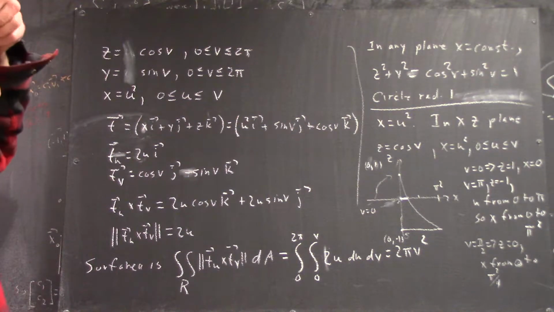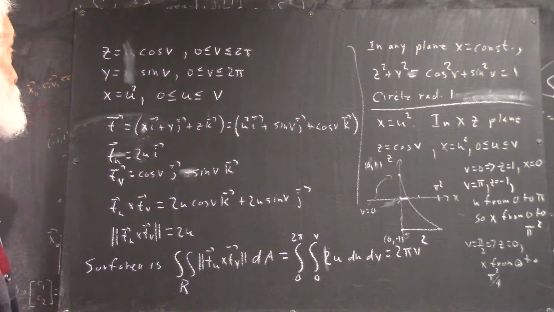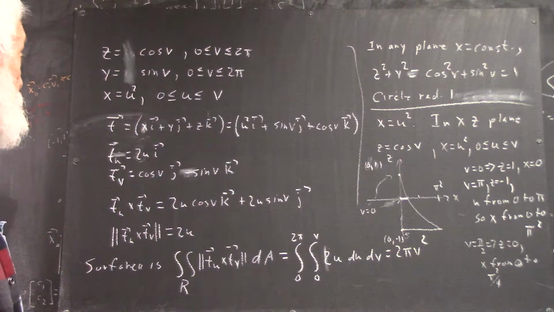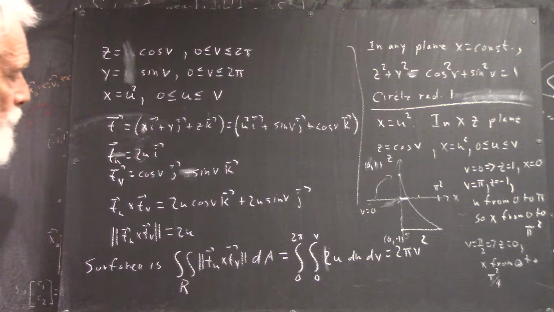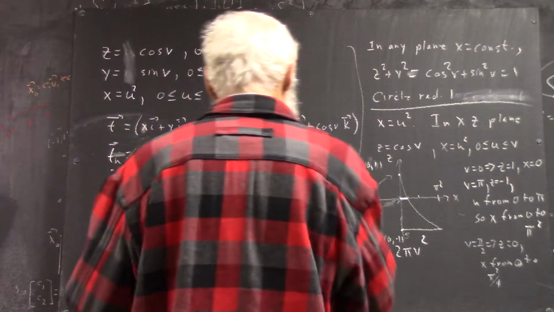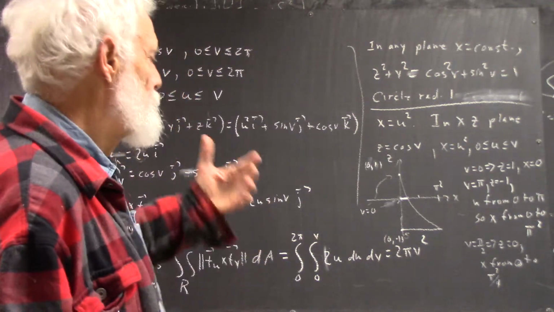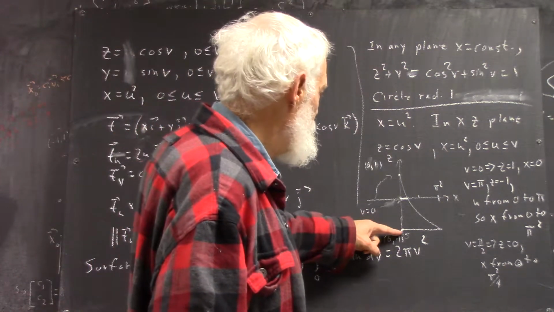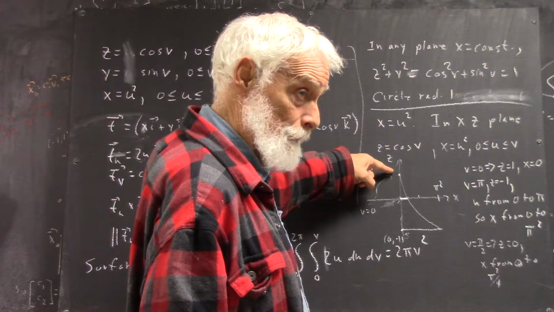Now, as we continue on, we end up with a complication, but maybe not. As we go from pi to 2 pi, our z values are going to go from here back to here. Okay?